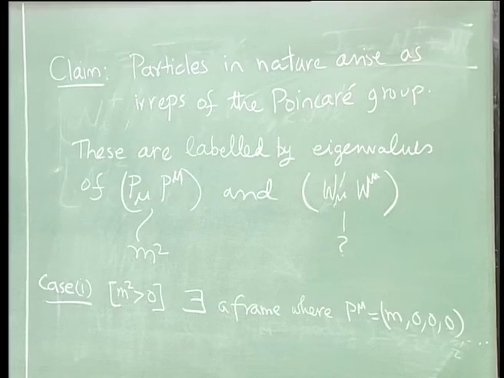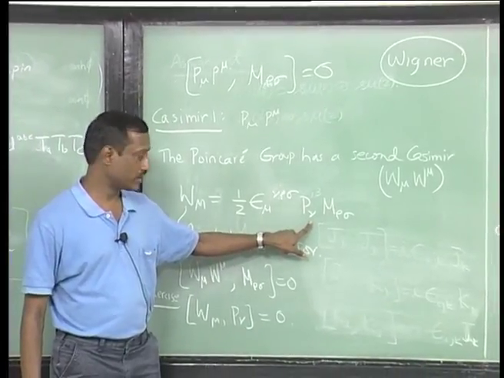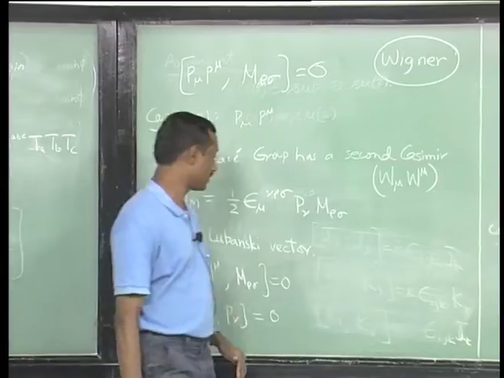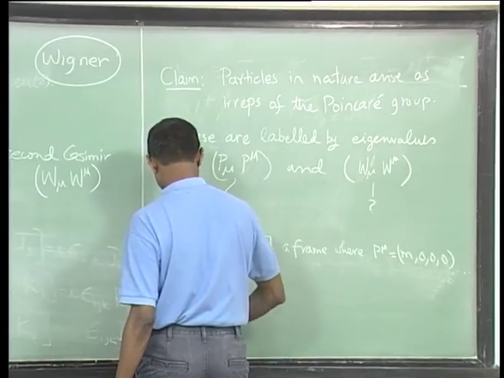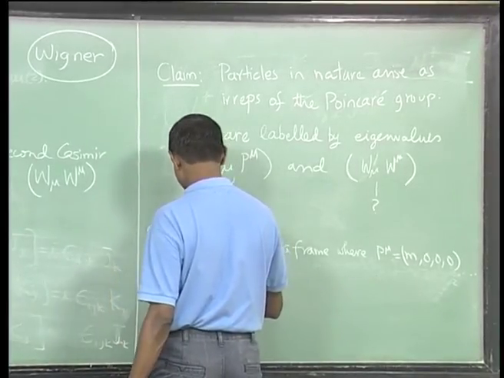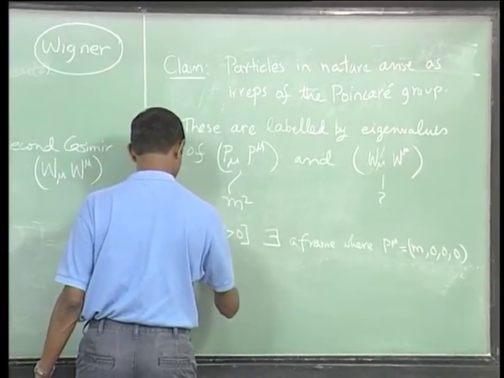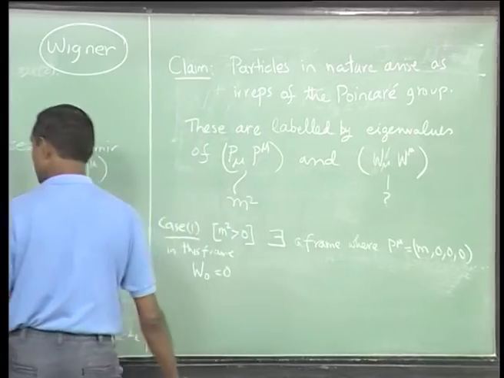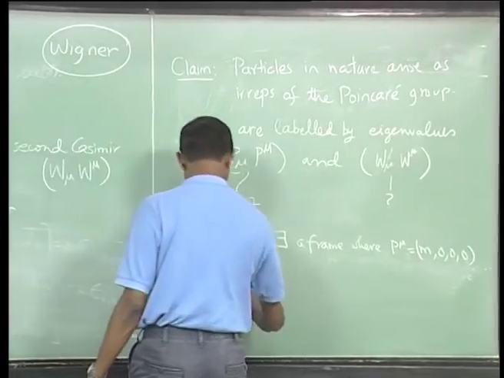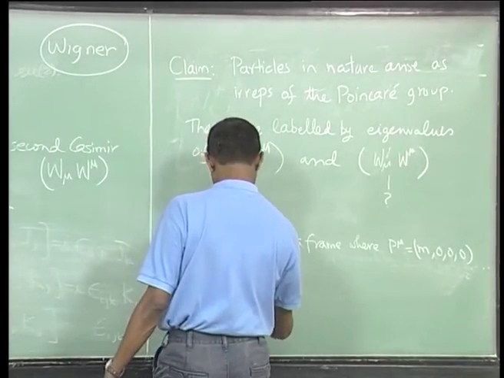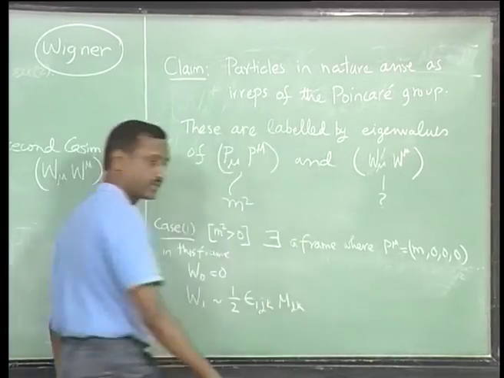In other words, what that tells you is that P 0 is the only remaining component. Okay. So, now if you see this, first thing you will notice is that W 0 is 0 in this frame, okay, but W i is, up to some sign, half epsilon i j k M j k, up to a sign.